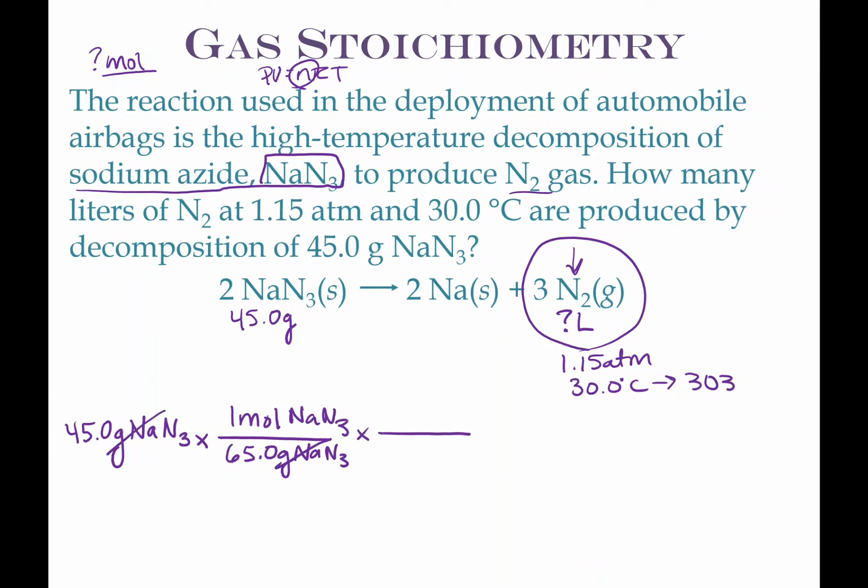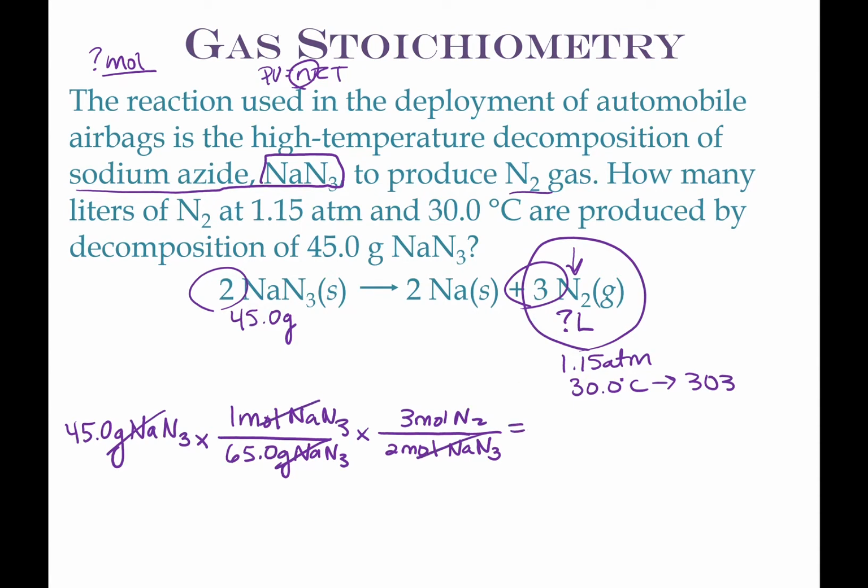Once we have moles of sodium azide, because this is a balanced chemical equation, we can go to moles of nitrogen. So for every 2 moles of sodium azide that decompose, we're going to get 3 moles of nitrogen. So that's our moles of nitrogen. We calculate that.